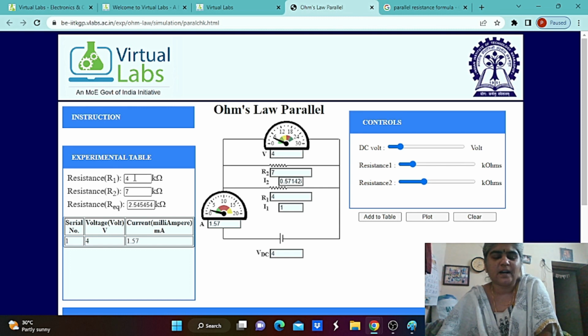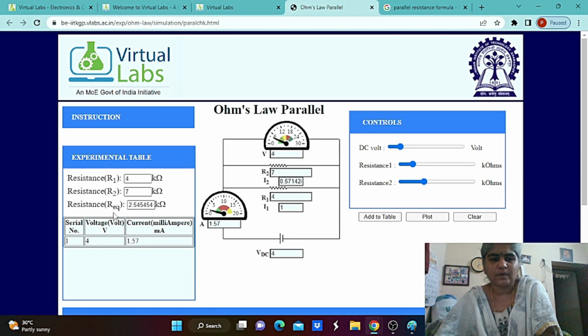Here we can't just add 4 plus 7 because our formula is 1 divided by R equivalent is equal to 1 divided by R1 plus 1 divided by R2. According to that, the R equivalent value can be determined. So 2.54 kilo ohm is the R equivalent or total resistance value.